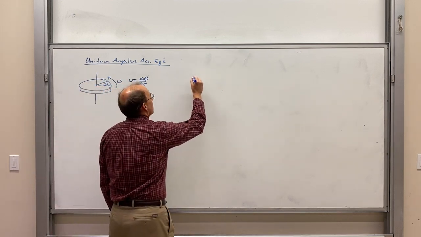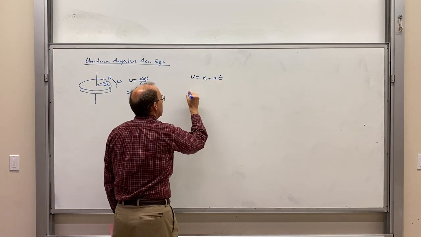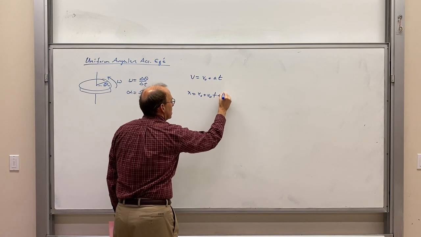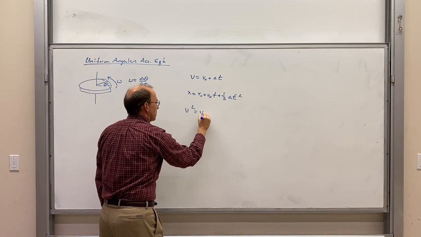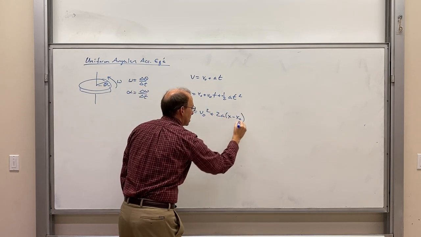So we saw earlier equations: V is V naught plus AT, X is X naught plus V naught T plus 1/2 AT squared, and V squared is V naught squared plus 2A times X minus X naught.